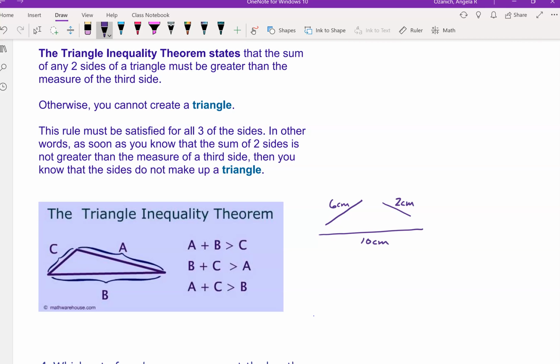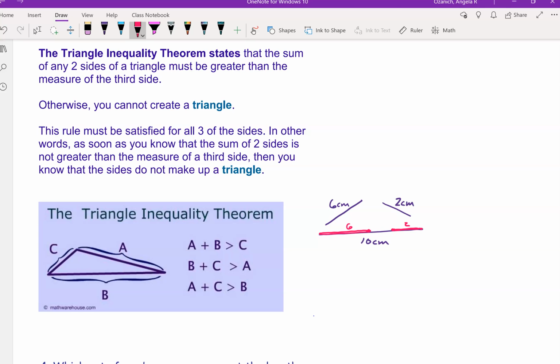However you try and put these together, it's not going to work out. You can imagine trying to get this 6 centimeter piece to stretch all the way across and somehow touch that 2 centimeter piece. You have 2 and you have 6, and you have this gap in between that is created because these lengths are just not long enough to actually form a triangle.